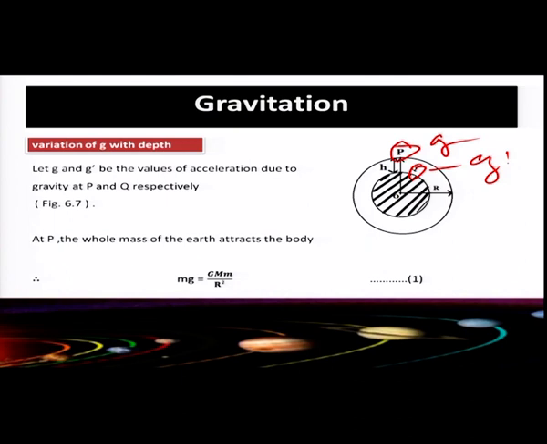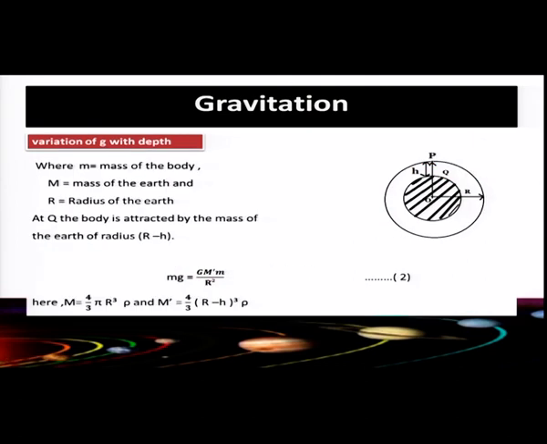At p, the whole mass of the earth attracts the body. Therefore, according to Newton's law of gravitation, I can write mg is equal to G M m by r squared, where m is the mass of the body, capital M is the mass of the earth and r is the radius of the earth.